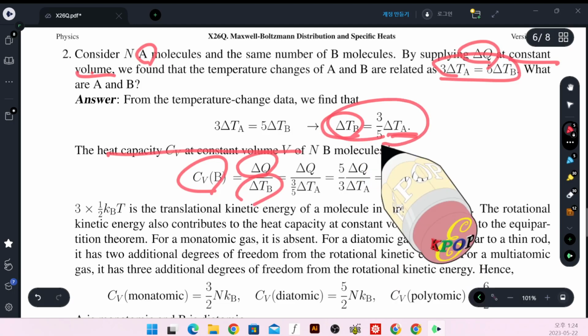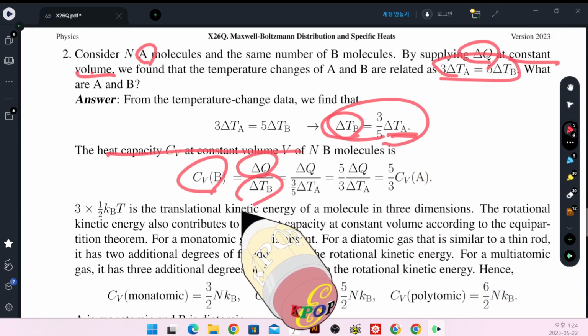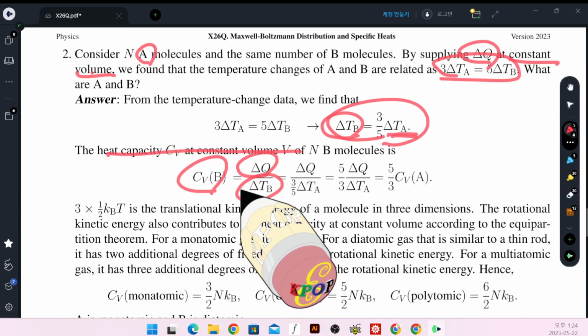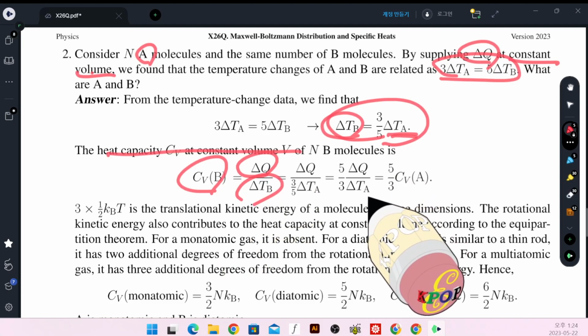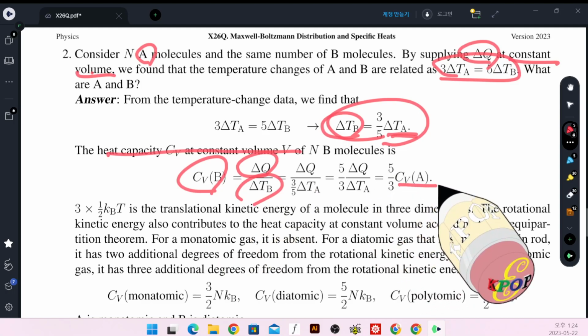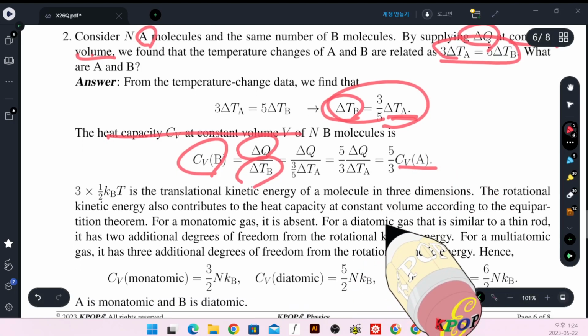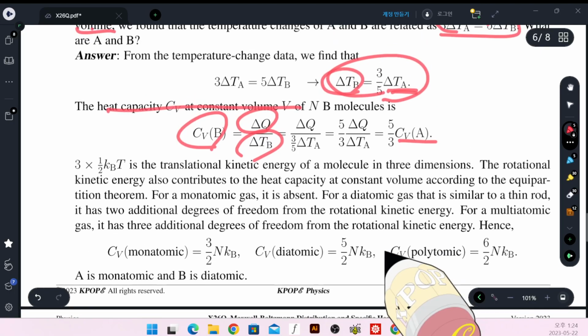Because of this relation, we can express this in terms of the delta Q over delta TA that is identical to the CV of A. So we have a special relationship between the A molecules and B molecules, from which we can determine whether this type A and type B are either monatomic or diatomic or polyatomic gas.